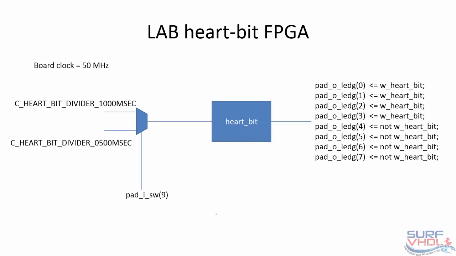Let's see what should be the instantiation of your component. You have to select between two different toggle rates selected by the dip switch and connect the toggling output on the first four LEDs and the second four LEDs. Remember that the board clock is 50 MHz.